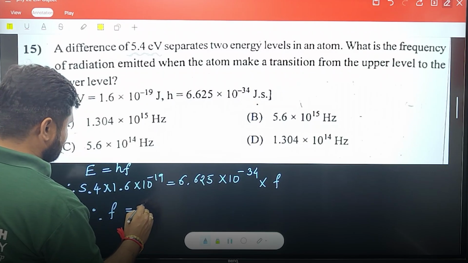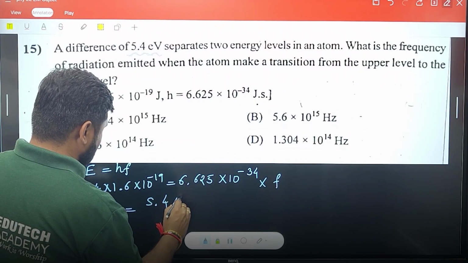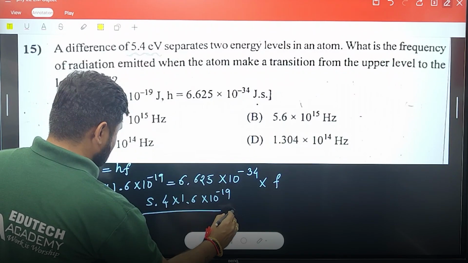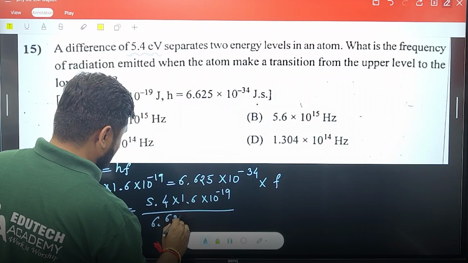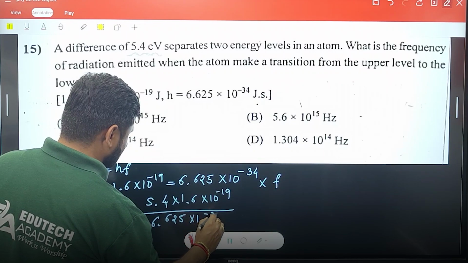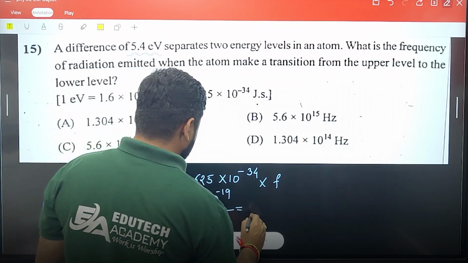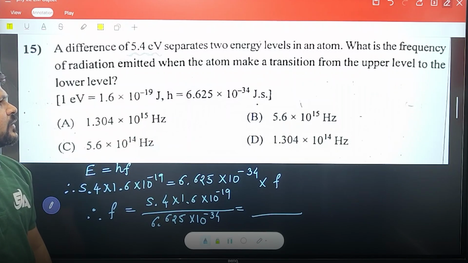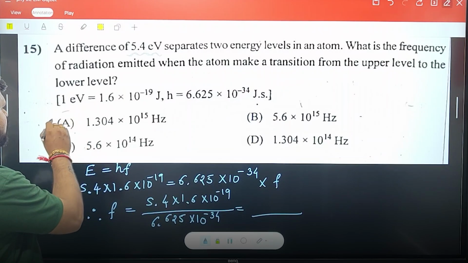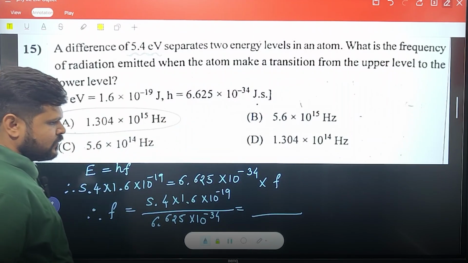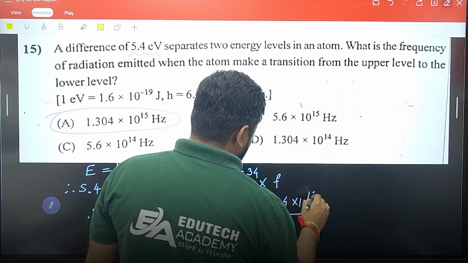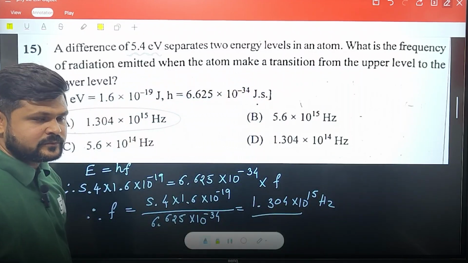So frequency f equals 5.4 into 1.6 into 10 raised to minus 19 divided by 6.625 into 10 raised to minus 34. When you solve this, you will find the answer, and in this MCQ the answer is 1.304 into 10 raised to 15 hertz. You can solve this easily in your calculator.